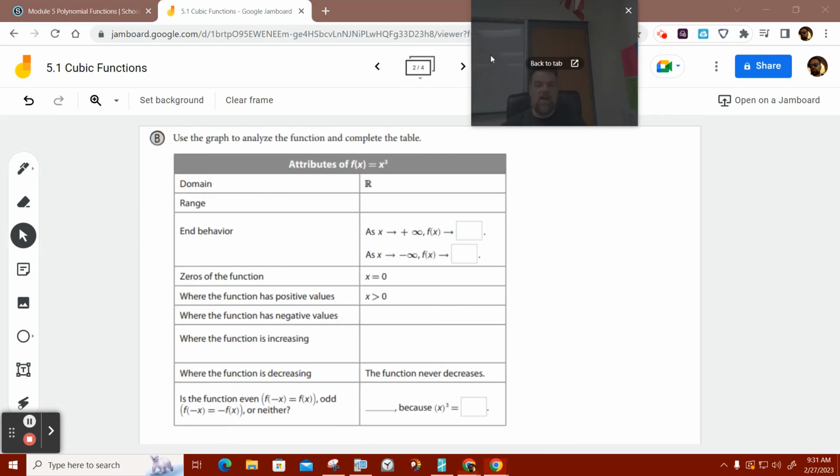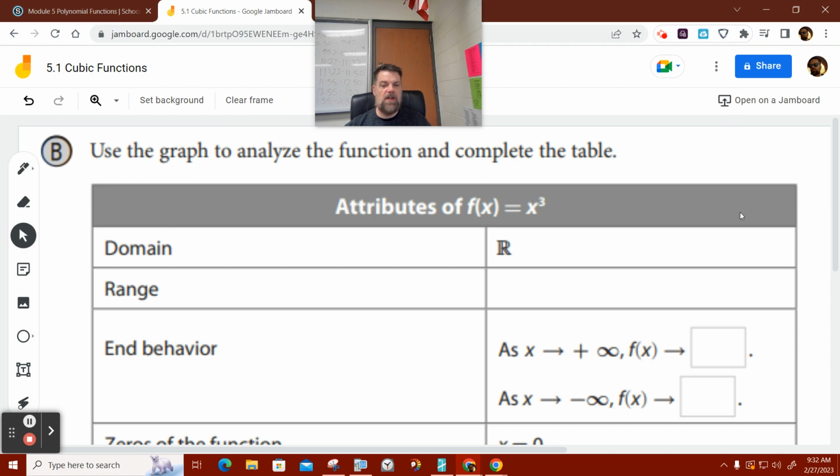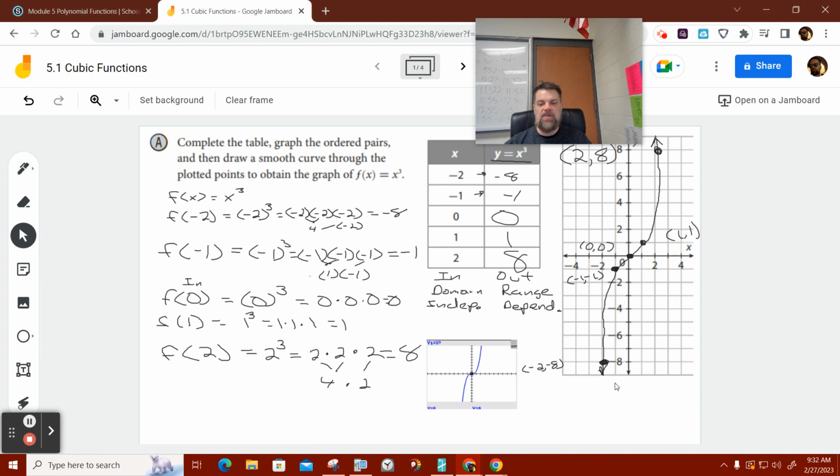All right. So now on this thing, let's zoom in and talk about what we know. Well, the domain, right? The domain is all real numbers. So we're talking about the attributes, and you may not remember that, but all real numbers. In other words, when I look at that graph, this line right here, this graph, it will continue to go in this direction.